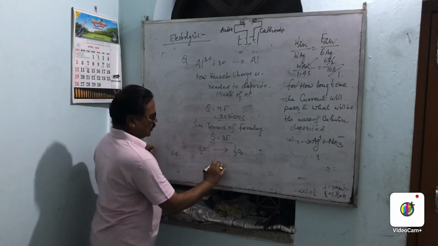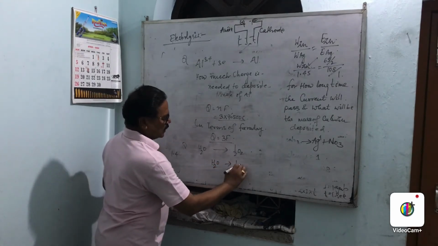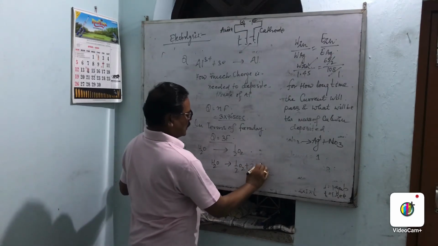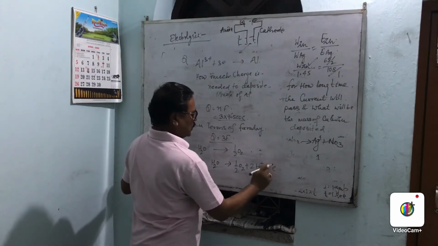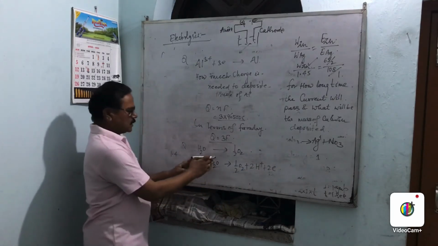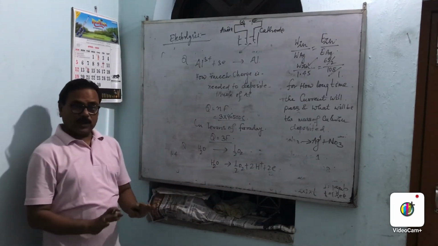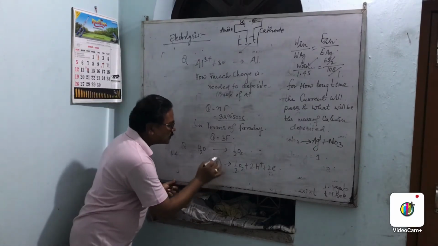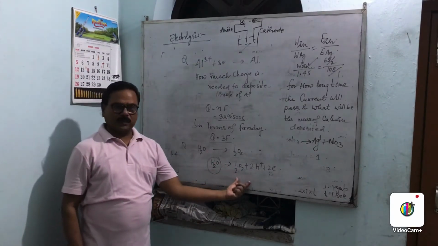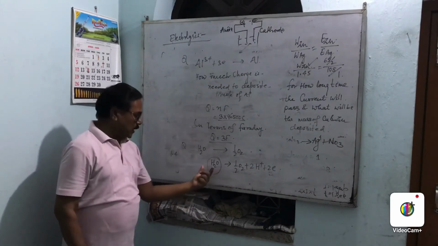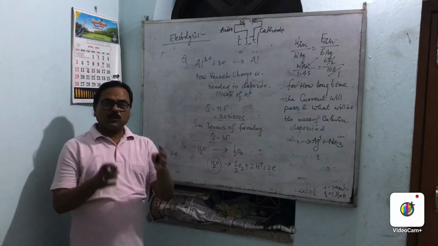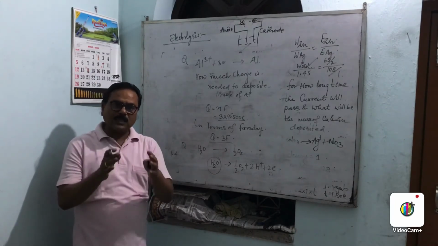So H2O, when it gets oxidized, gives half O2 plus 2H+ and 2e-. So here 2+ and 2- are equal, the charge on both sides is equal according to the principle of neutrality. So when water gets oxidized, it gives oxygen. Is it clear? So the question asks how much charge is needed?